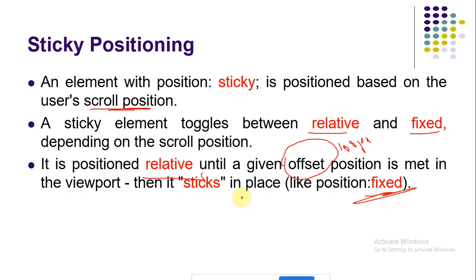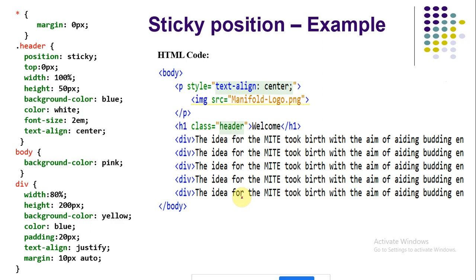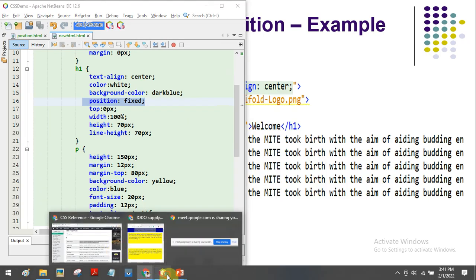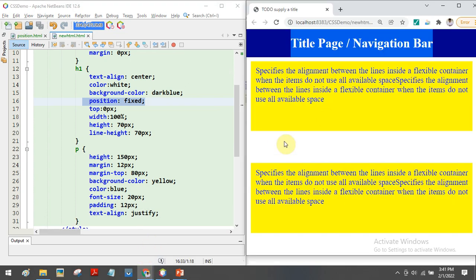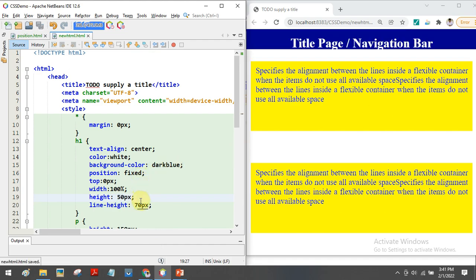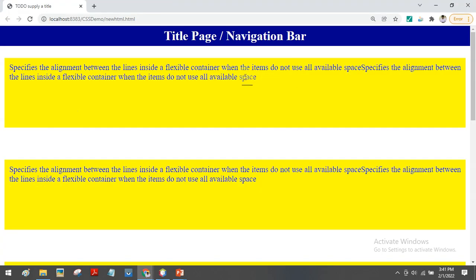Okay, right? So now, for example, I'll take one example here. The same program. A little height I'll reduce. So in the same program, I will add something above this particular title navigation bar.